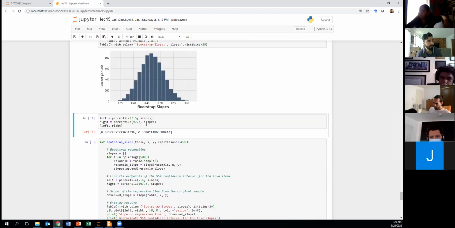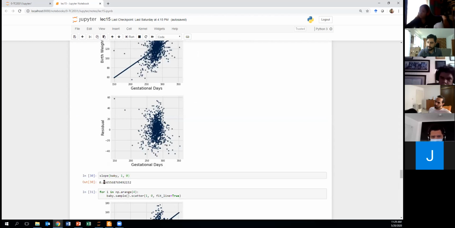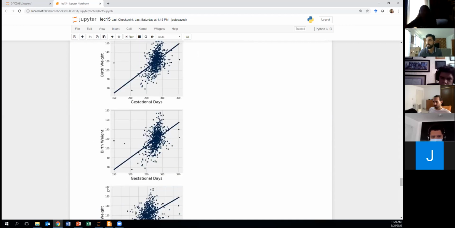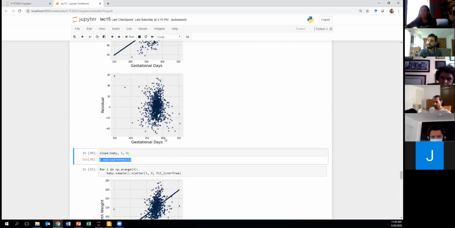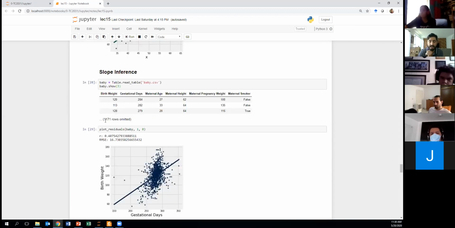And why are we doing this? Because we don't necessarily have access to this value. This is from my population. Let's say, if I consider, this is not even my population. This is just 1,200 people, right?